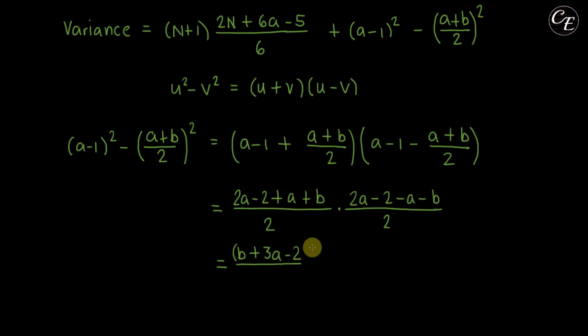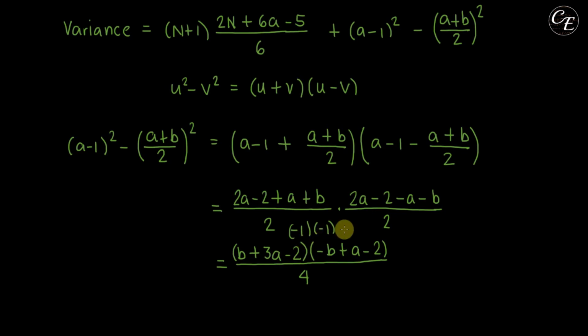Then we have here, let us combine both. We have here 2 times 2, or 4. Then for this we have negative b, then 2a minus a is a, then minus 2. Then let us multiply negative 1 for this, and also negative 1 for this.